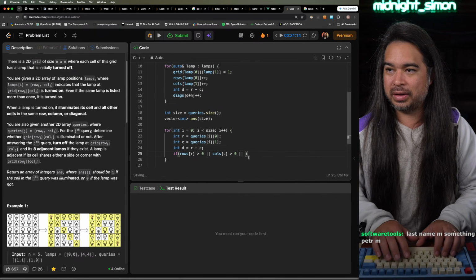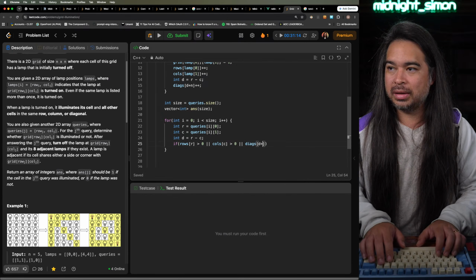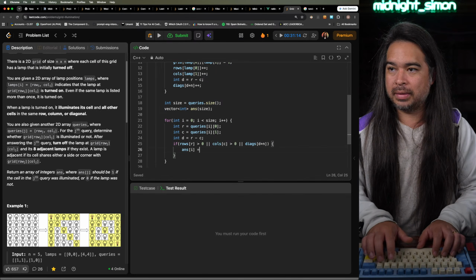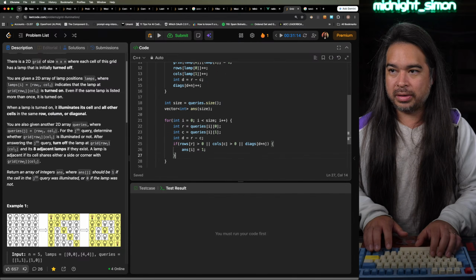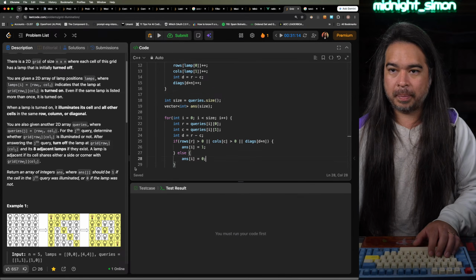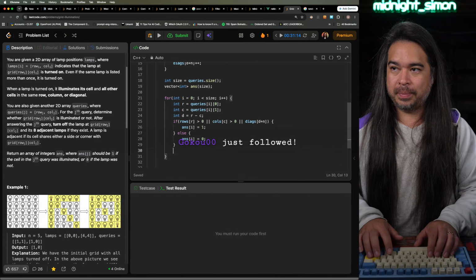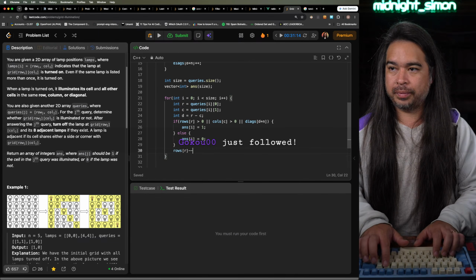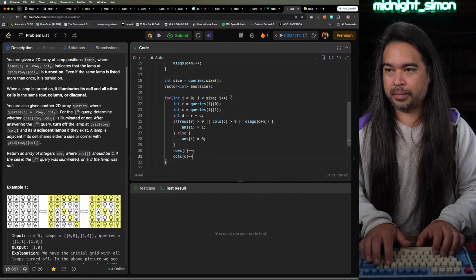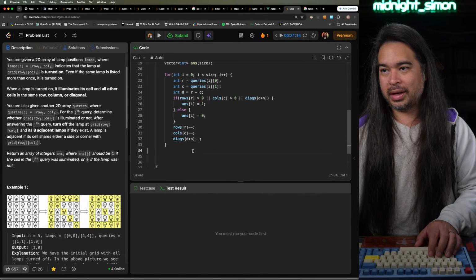So if rows has a light, columns has a light, or the diagonals has a light, then turn it on, otherwise turn it off. And then decrement these things. I think that's it.